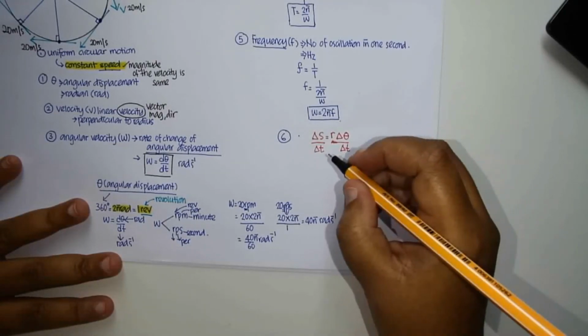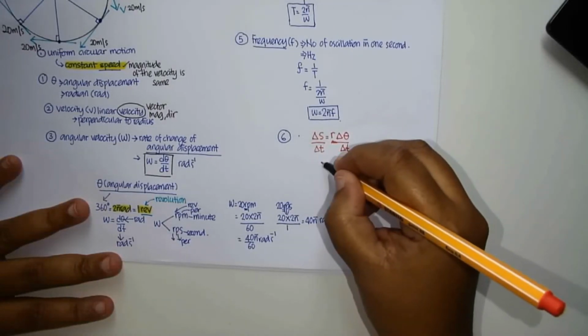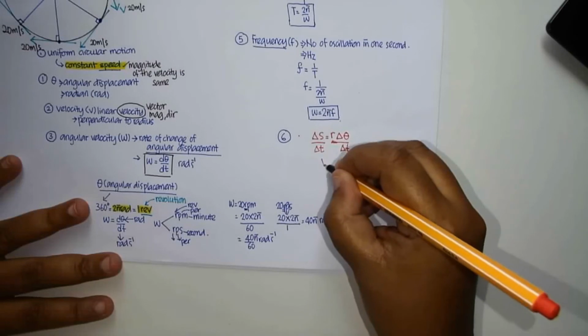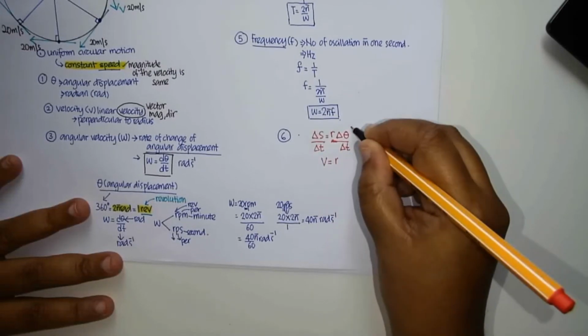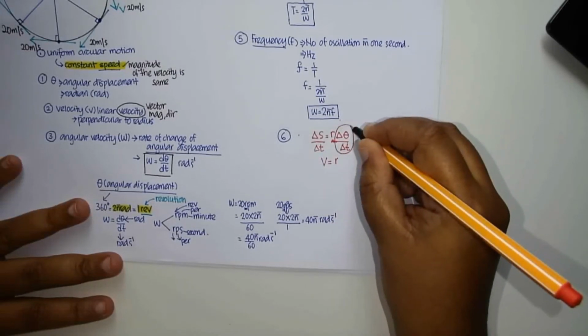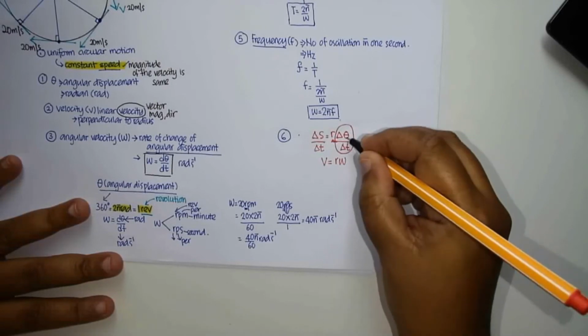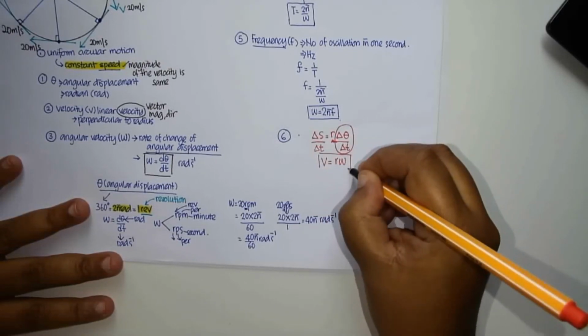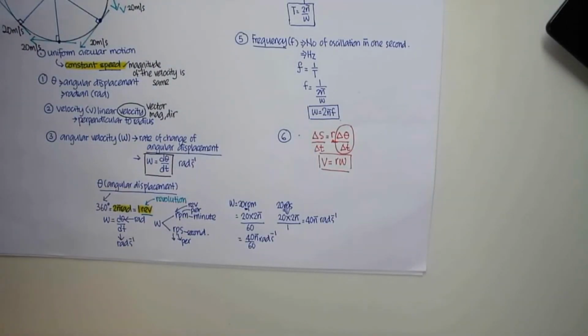So what do we get? Delta S over delta t is v. R delta theta over delta t is R omega. Correct? So we get v equals R omega. So we get all these important formulas.